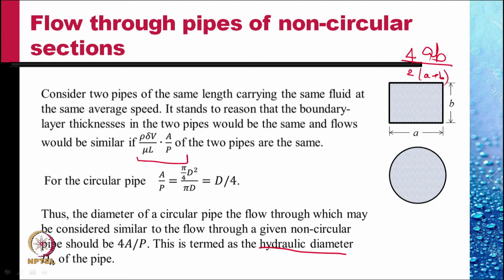So, for a non-circular pipe, we calculate the hydraulic diameter and then replace this non-circular section pipe with a circular pipe of diameter equal to the hydraulic diameter calculated, then we should get the same pressure drop and the same flow rate.